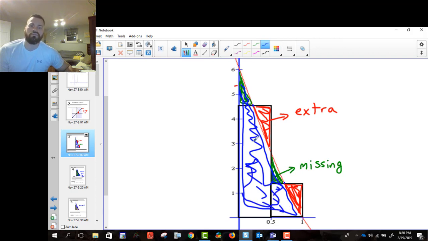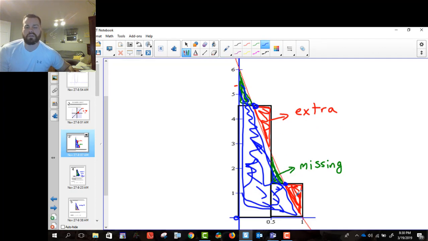So what happens is when I try to find this by using two rectangles here, I've split the interval from 0 to 1, and I've split it in half. So I've got two rectangles. And I've put the height of the rectangles around the middle of the rectangle hitting the curve. And what happens is I'm missing some area up here that I need. I have some extra stuff out here that I don't need.